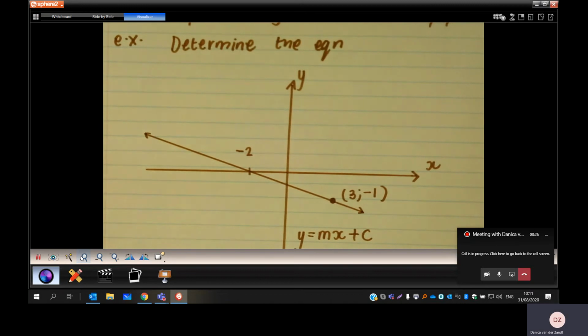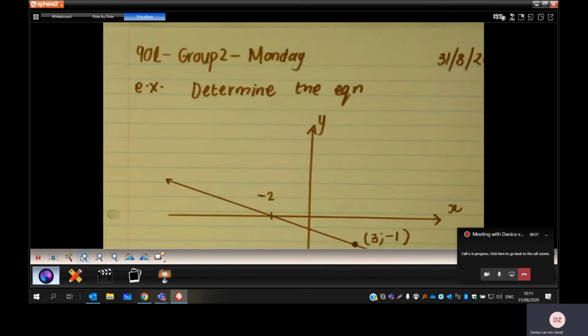Should be almost done, if not already done.